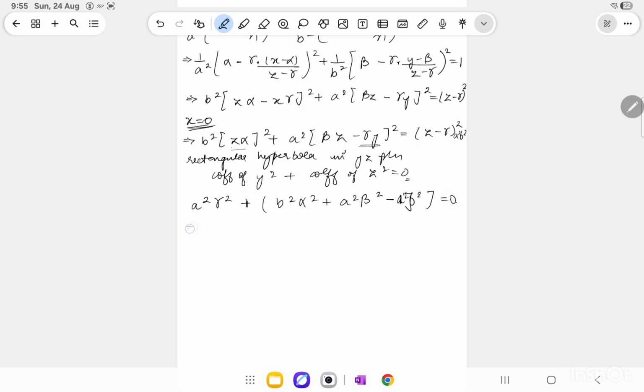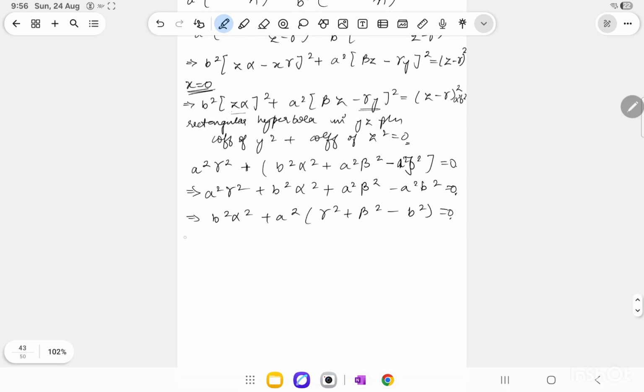So from here I'll get a²γ² + b²α² + a²β² − a²b² = 0, which is basically b²α² + a²(γ² + β²) − a²b² = 0.